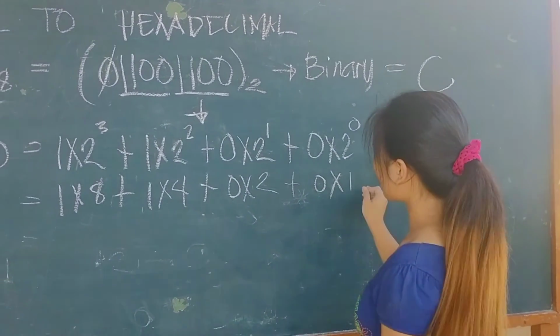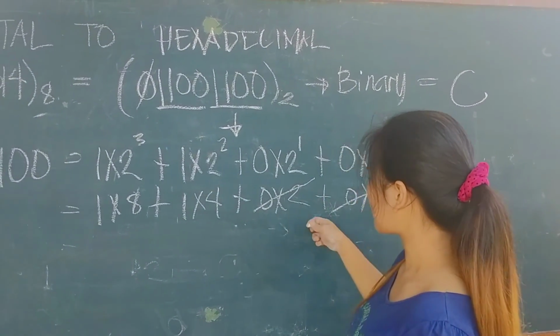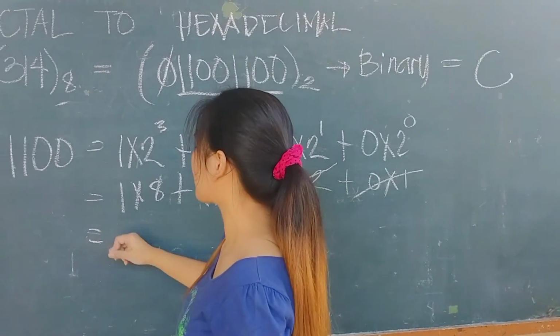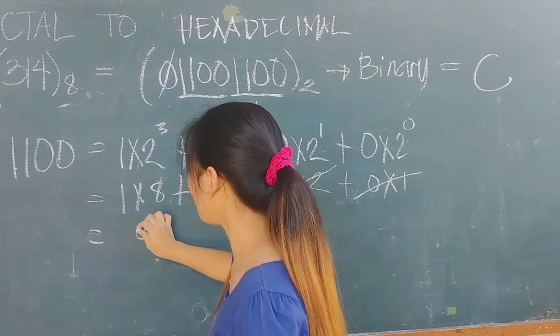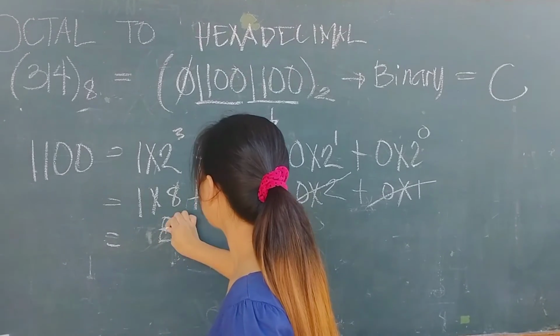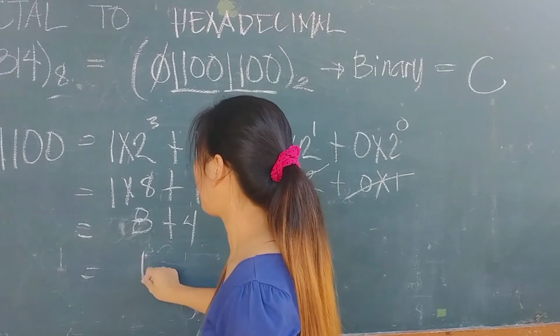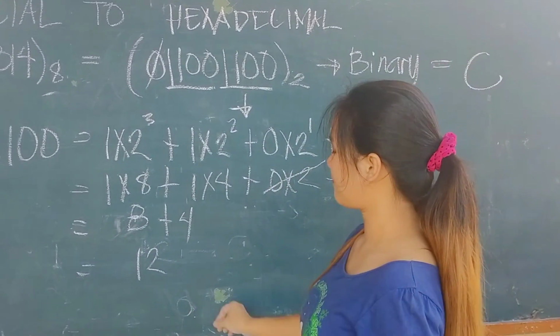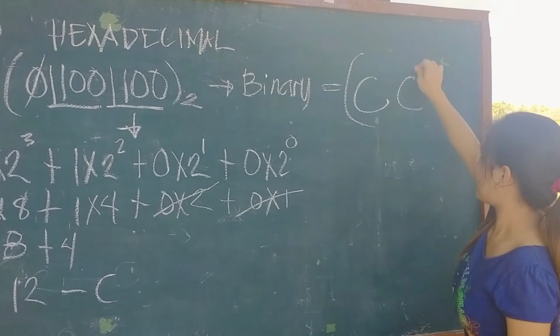We can cross out the zeros so we don't take too long. So 1 times 8 is equal to 8, plus 1 times 4 is equal to 4, and the answer is 12. And the 12 is equivalent to letter C. So, therefore, the answer is CC base of 16.